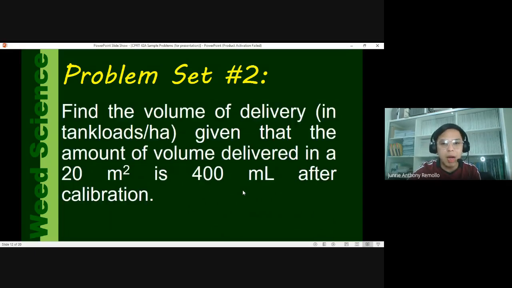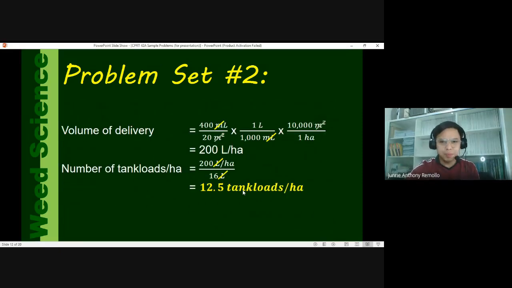Based on the problem, the given values are the amount of volume delivered after calibration, which is 400 milliliters, with respect to the area, which is 20 square meters. So we divide 400 ml by the area, 20 square meters, and it will result in 20.